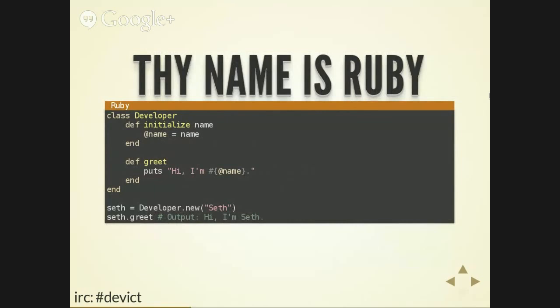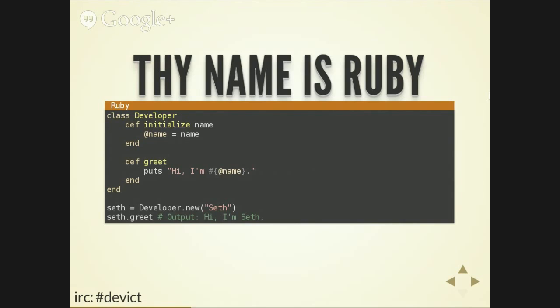So here when I say developer.new Seth, Seth, the string, gets passed in as the first argument to my initializer, which gets assigned to this property name. And then when I say Seth.greet, it calls this method greet. In Ruby, if you're not familiar, this is how you can do string interpolation, where you can just embed variables straight within strings.